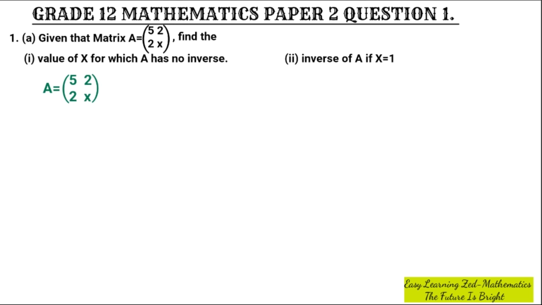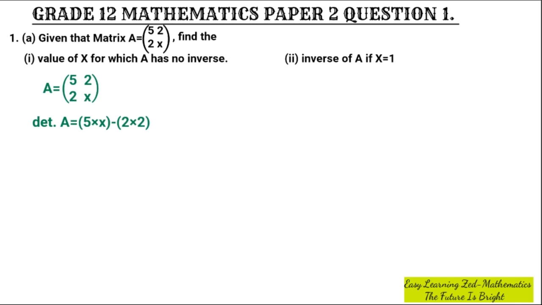So determinant of A is equal to 5 multiplied by x. Remember, we subtract the product of the trailing diagonal from the product of the leading diagonal, so minus 2 multiplied by 2.